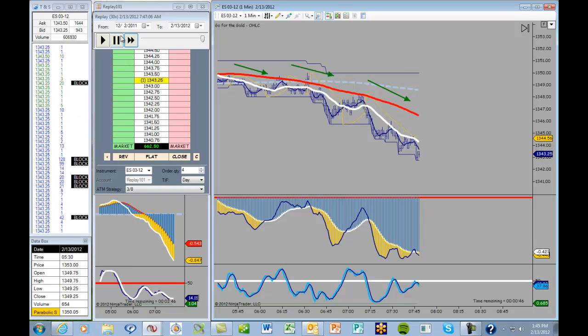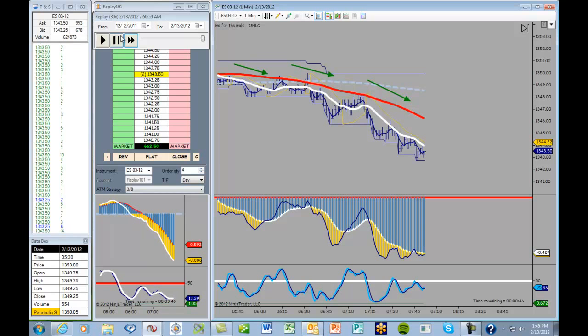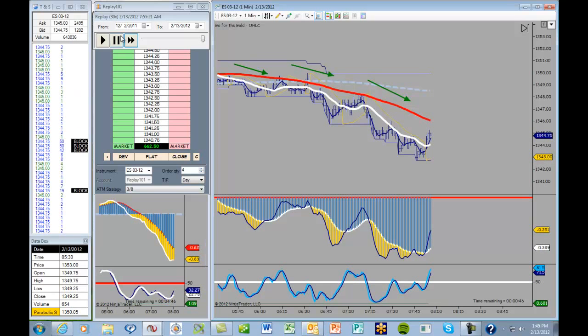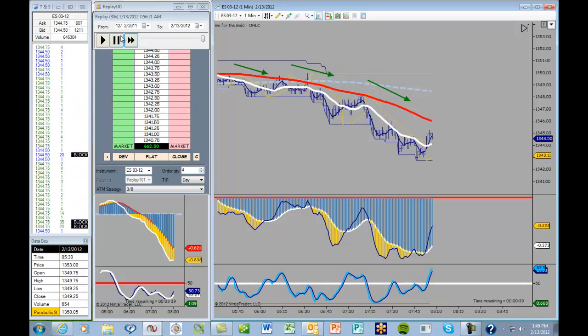Well, we didn't flip the parabolic, so we'll just roll with it here. We need a more definitive signal. We don't want to be too aggressive here. Oh, there the parabolic's been flipped back to bullish. Let's see what happens.